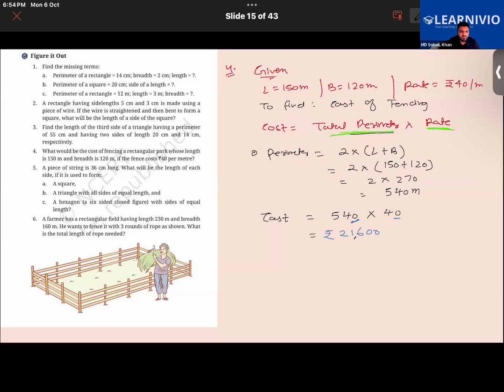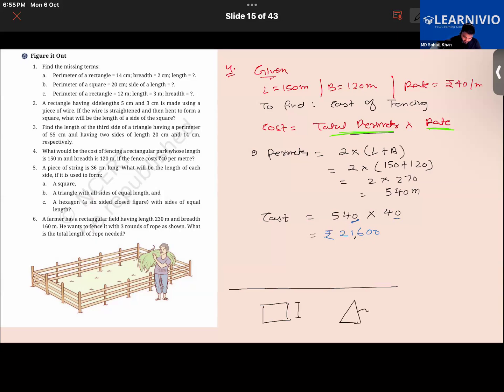Question number 5, I will give that as assignment. Now you guys will be trying to do that at home. Basically, a piece of string is 36 centimeter long. Using this, you have to make a square, and what will be the length of the side of the square? You have to make a triangle with all sides of equal length.